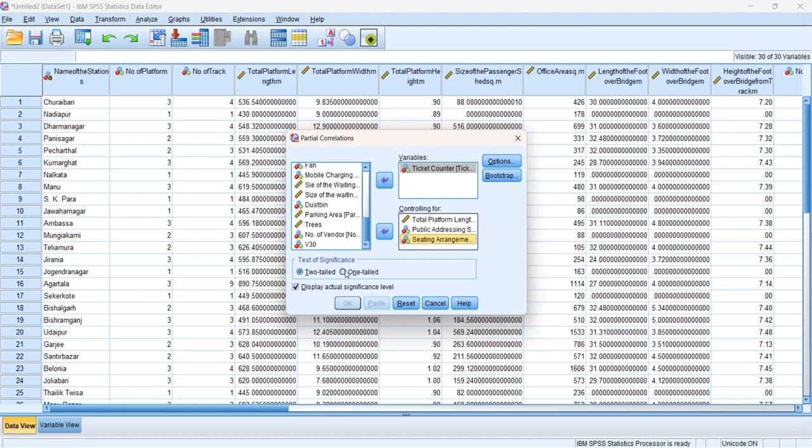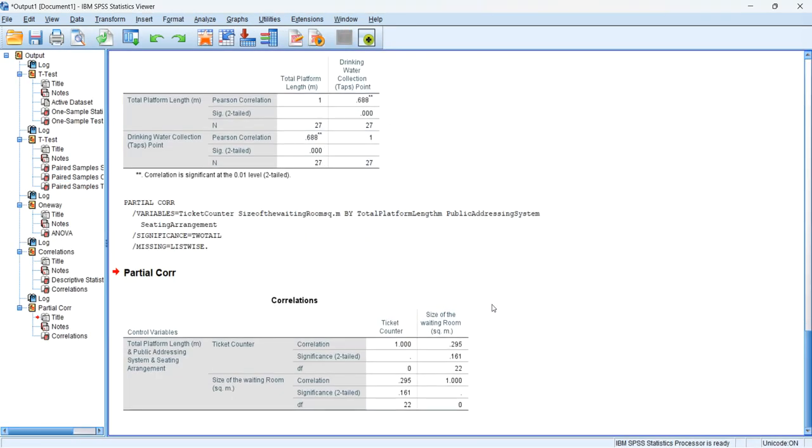You can add more variables because it is multiple. So for the partial correlation, then you can go into it. I choose the two variables, and all the controlling variables. See, those are the relationships.